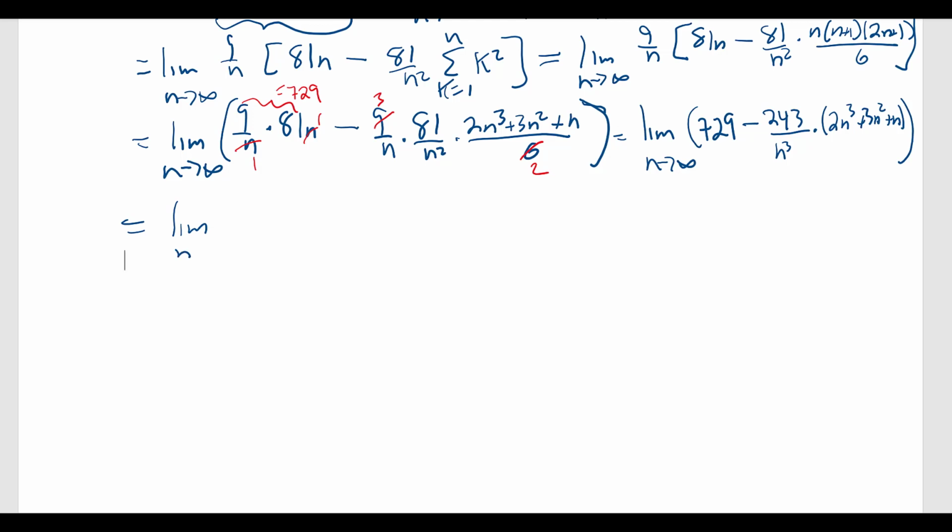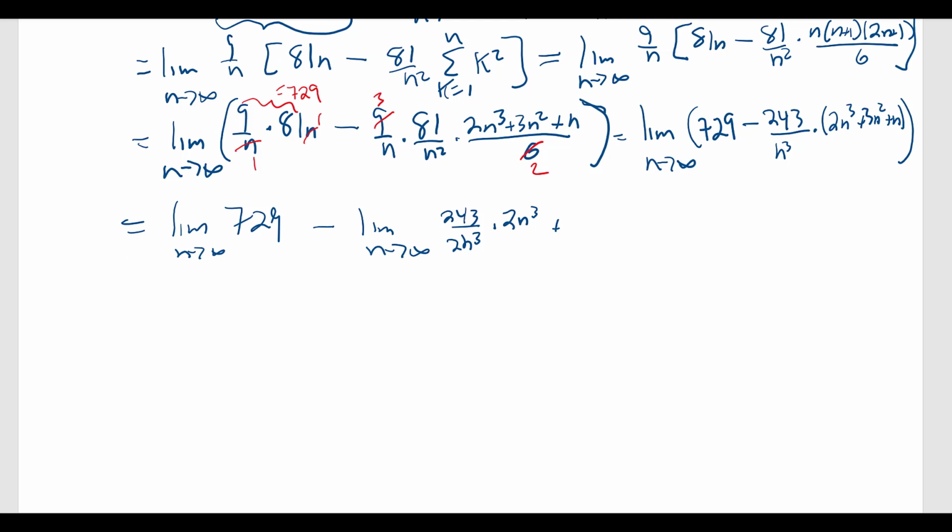So the limit as n goes to infinity of this 729 minus the limit as n goes to infinity of, we have 243 over n cubed times 2n, I forgot the 2 down below, put the 2 there, 2n cubed plus 243, in fact I'll split that out too.